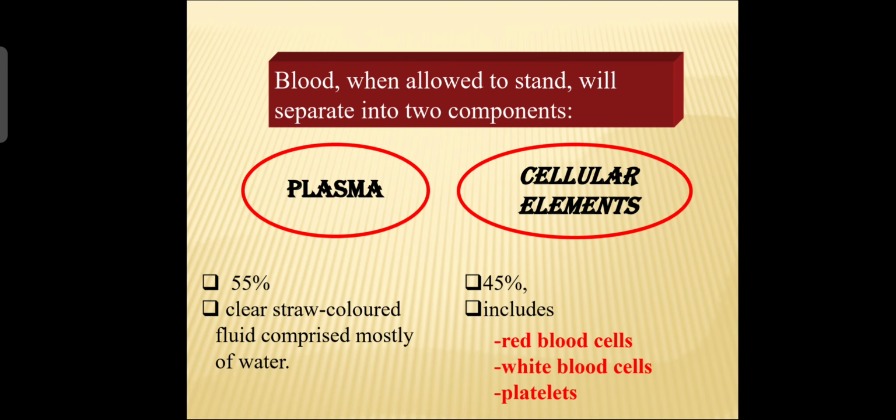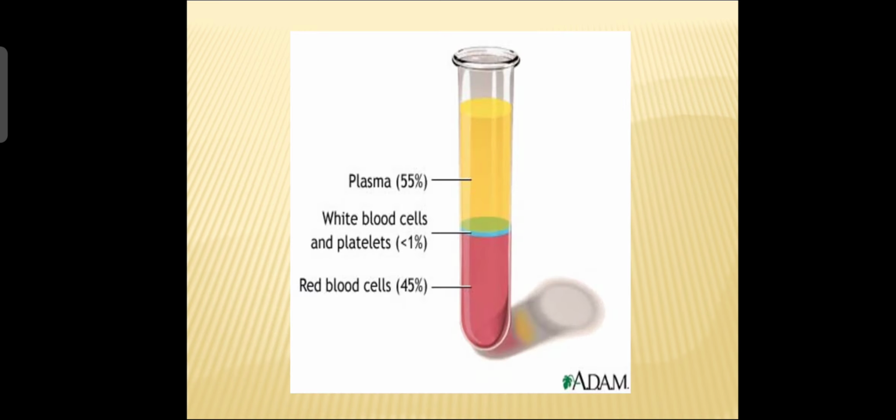It is a clear straw colored fluid composed mainly of water. Cellular elements are 45%. It mainly includes the RBC, WBC and platelets. So plasma is 55%, WBC is 1%, RBC is 45%.